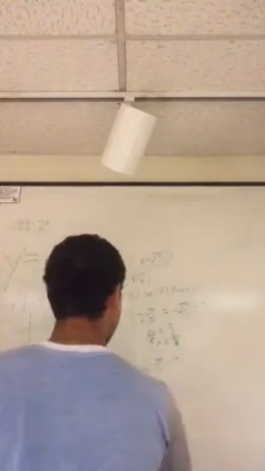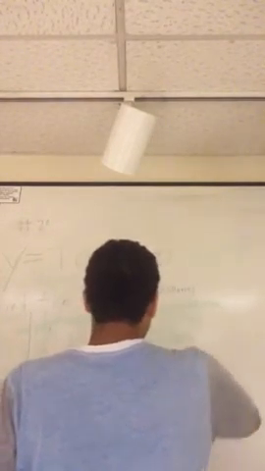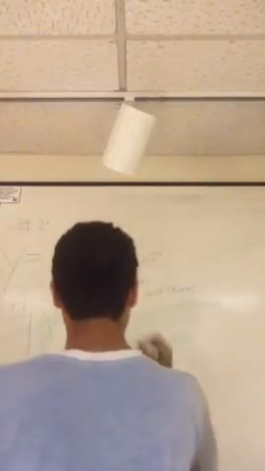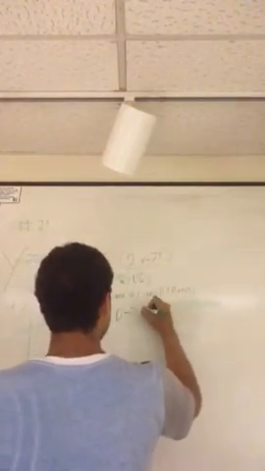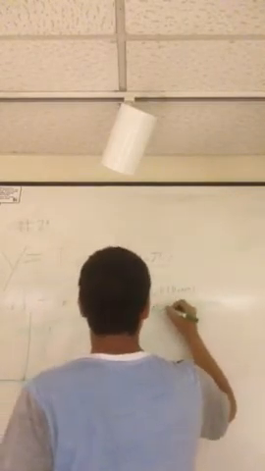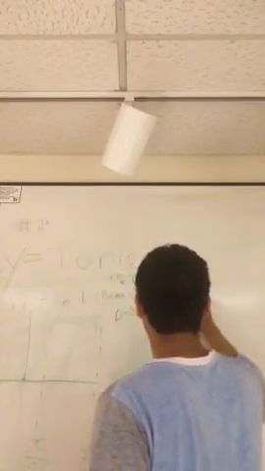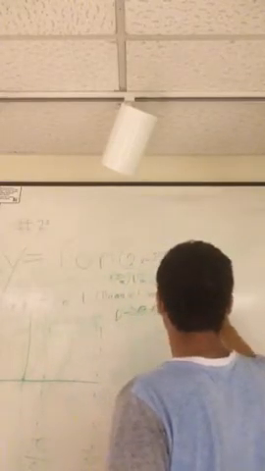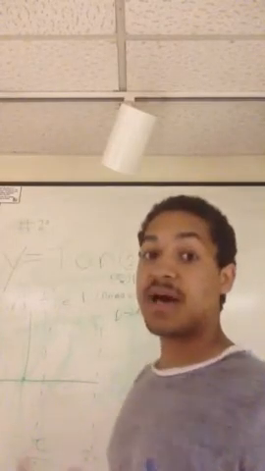What this means is that our domain will consist of all real numbers except for pi over 4, 3 pi over 4, 5 pi over 4, and so on, positive and negative.